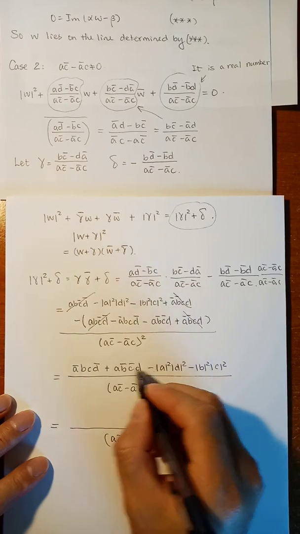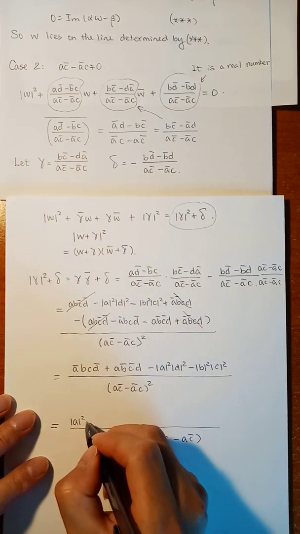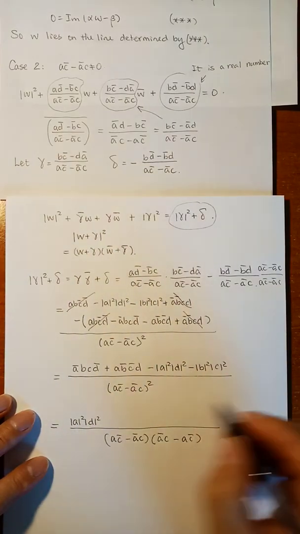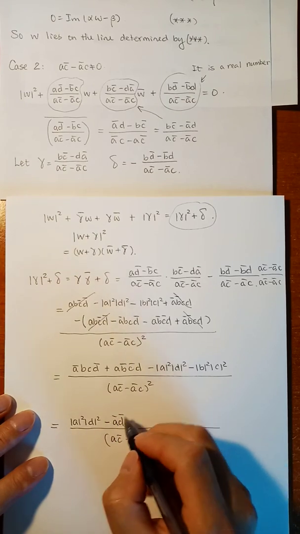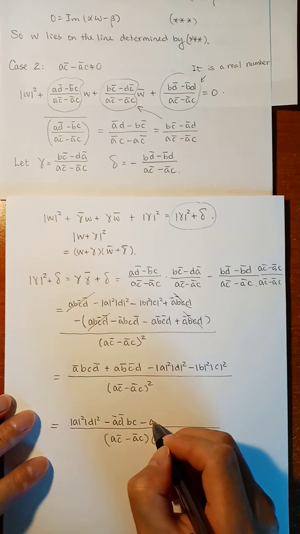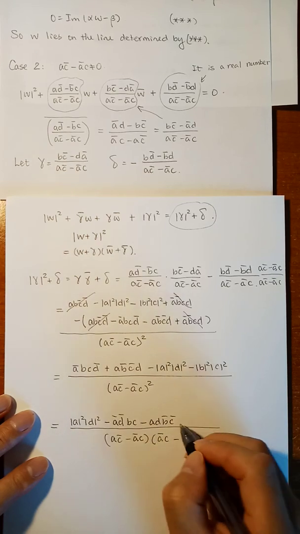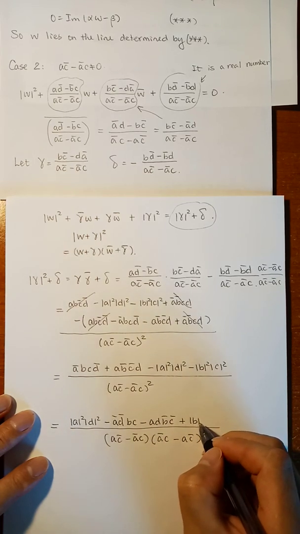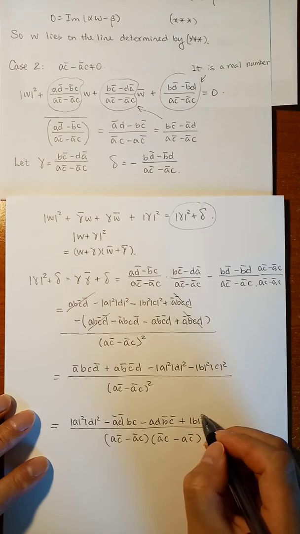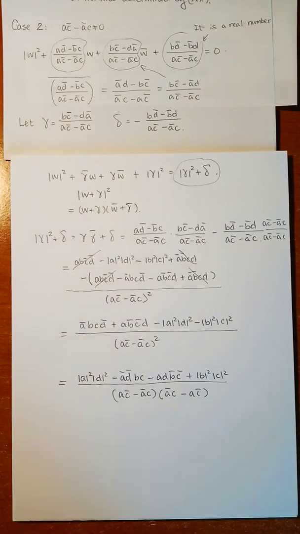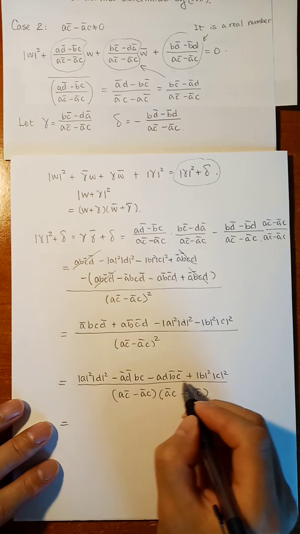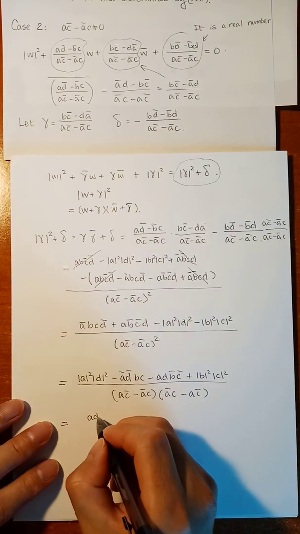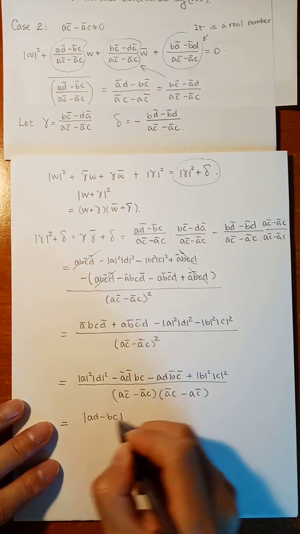With the negative sign, you also change the numerator: A bar D bar BC minus AD B bar C bar plus BC B bar C bar modulus square. Okay, so the numerator, if you check that, you can see the AD together, BC together, it is AD minus BC modulus square.